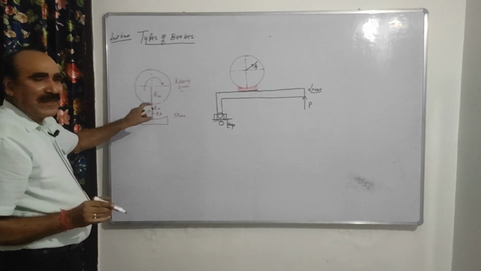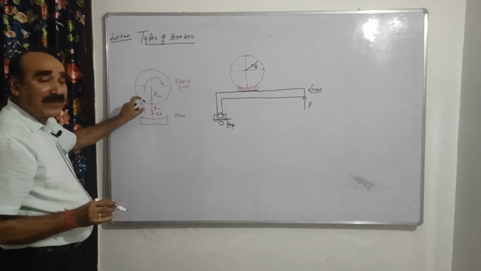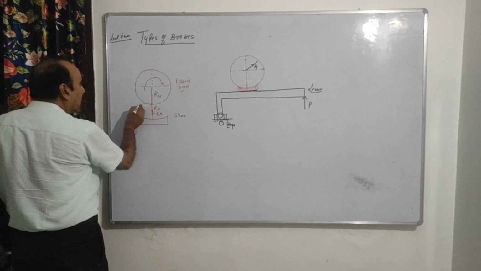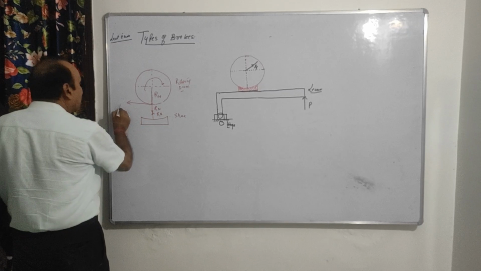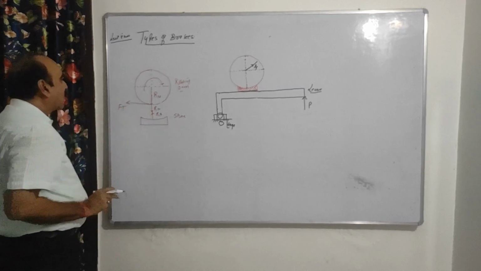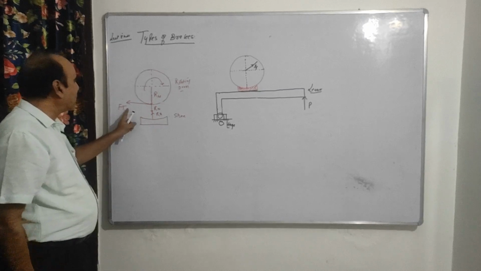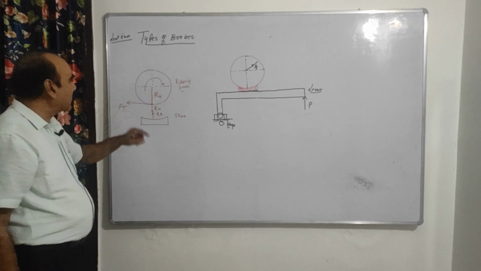So then a frictional force is developed on the drum, and this frictional force, you can say this is Ft, is in the opposite direction of the rotation. You understand this?